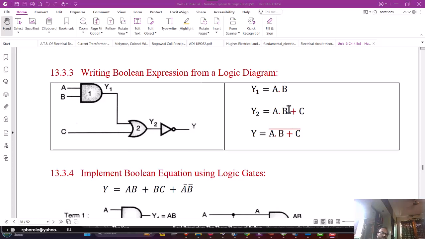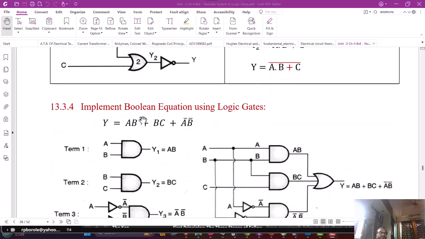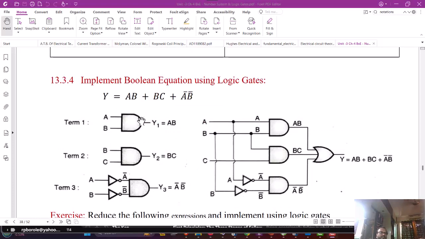Sometimes they will give you the Boolean expression and you need to implement this Boolean expression by the digital electronic building blocks, means using digital electronic gates. Let us see.